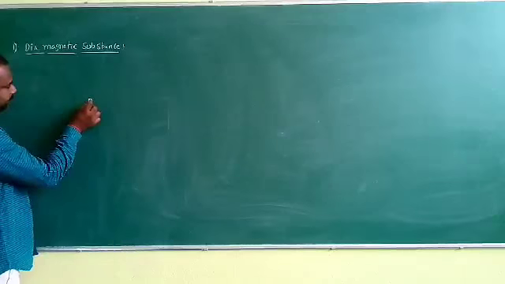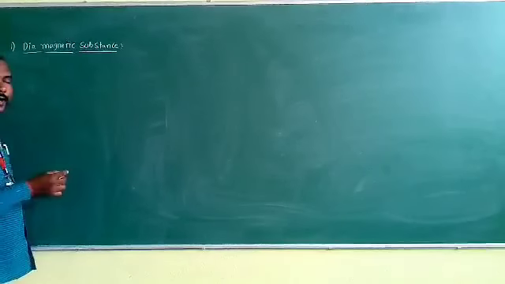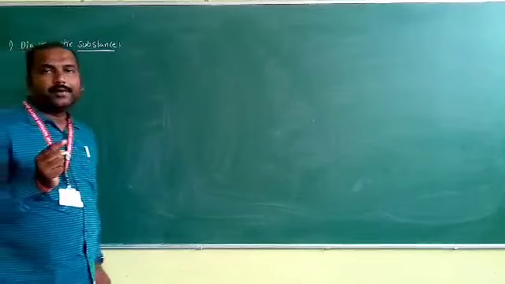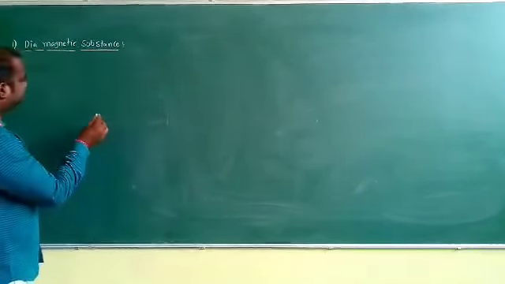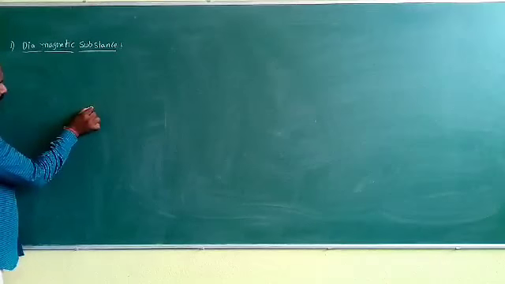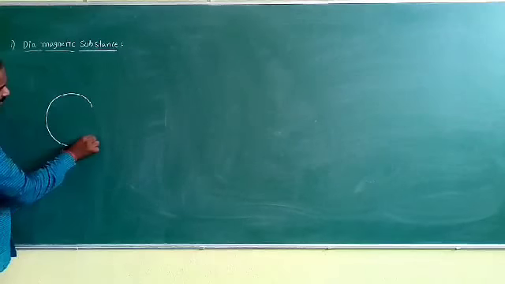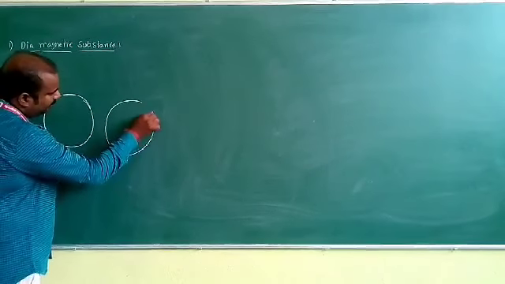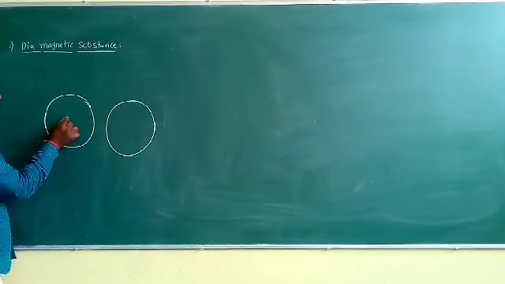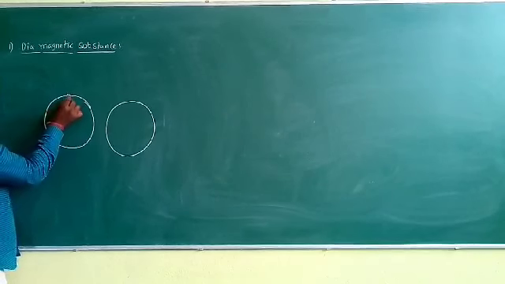See here, in a diamagnetic substance, the electrons exist in pairs. This is one electron, this is the other electron. Here a positive charge is there.